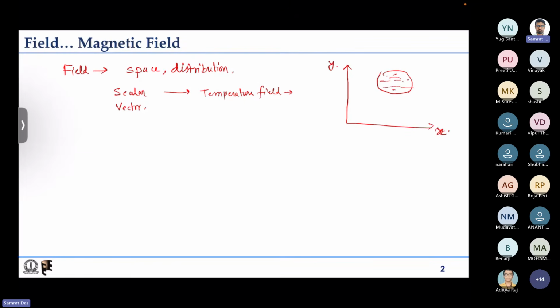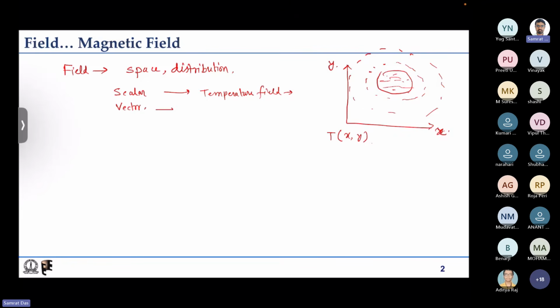So there will be layers of constant temperature regions. The distribution of temperature, the temperature is a function of both x and y, which are basically the spatial coordinate system. So on every point there is a certain value assigned to it.